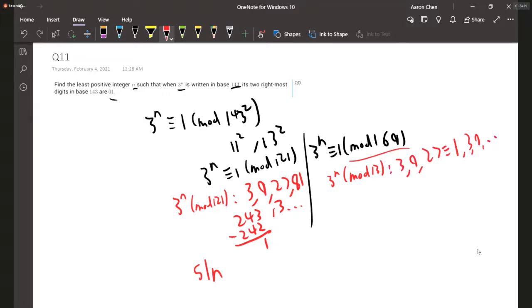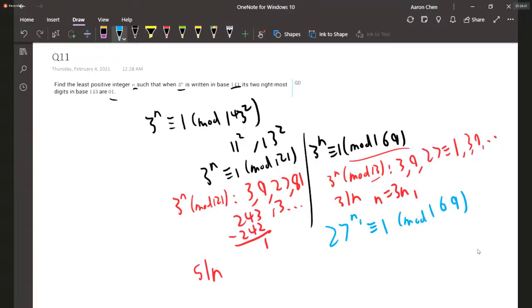So in order for it to be 1 mod 13, the first requirement is that 3 divides n. And so now we let n equal 3 n1. And so now we have that 27 to the n1 is congruent to 1 mod 169.